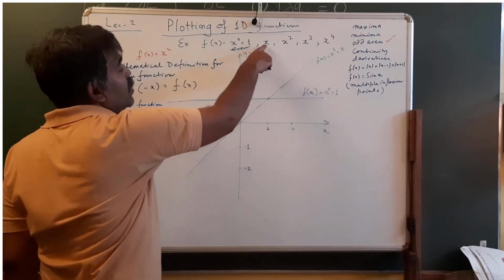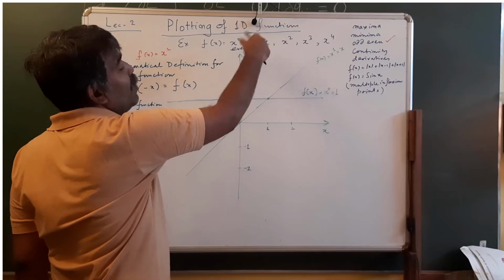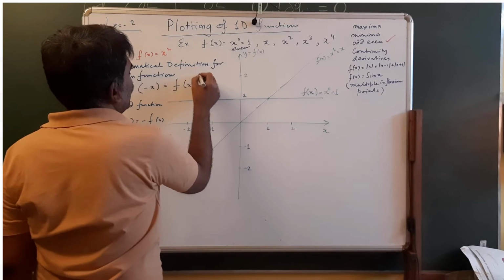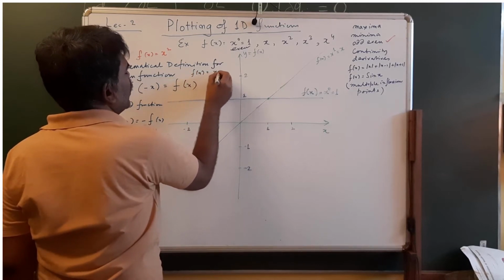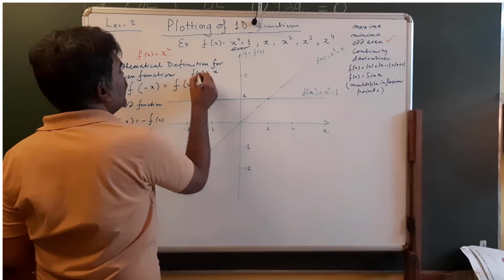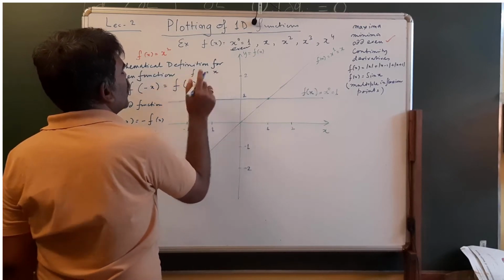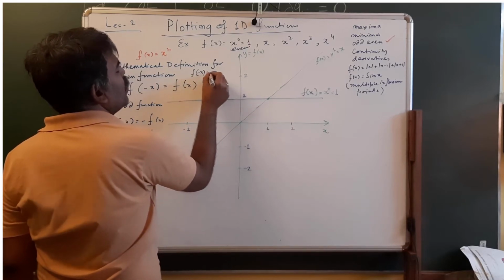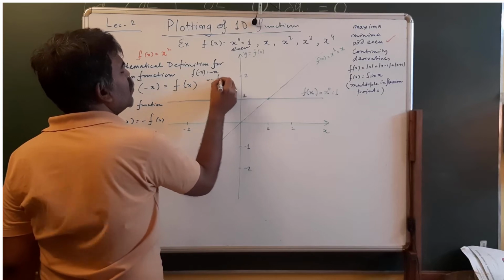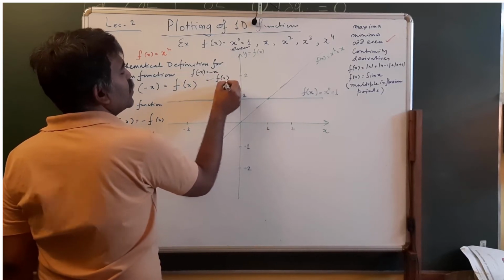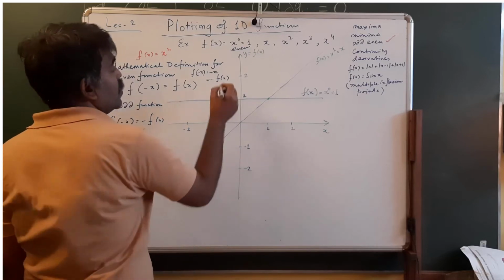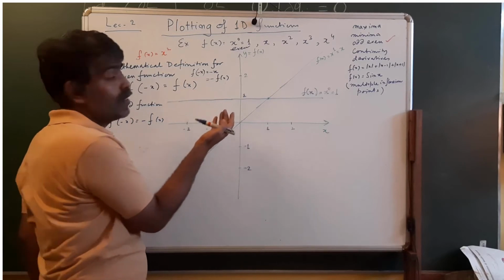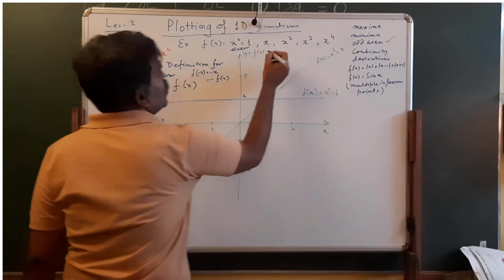But not with this one. See, suppose here you have f(x) = x. Now if you replace x with minus x, so f of minus x is what? x is replaced by minus x, that is, minus comes out, x is f(x). So f(-x) is equal to minus f(x), so this one is odd.